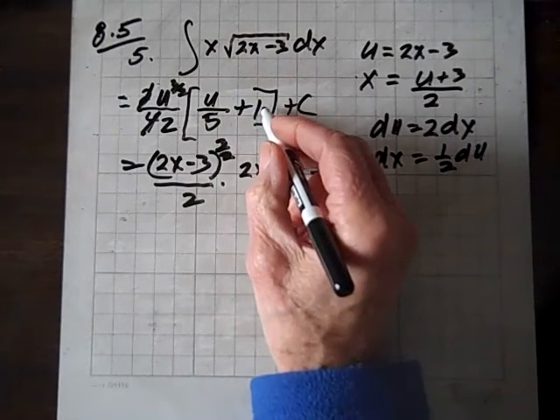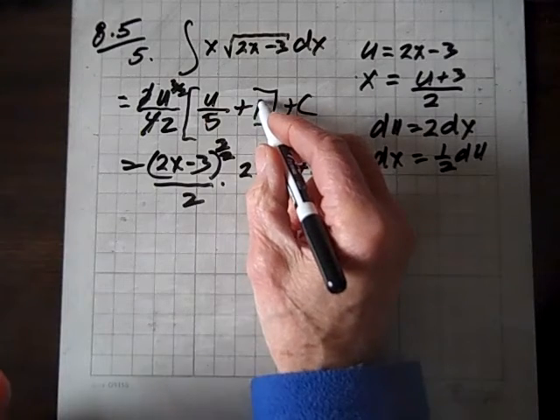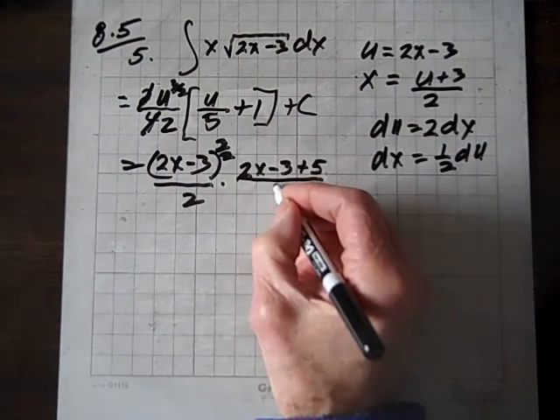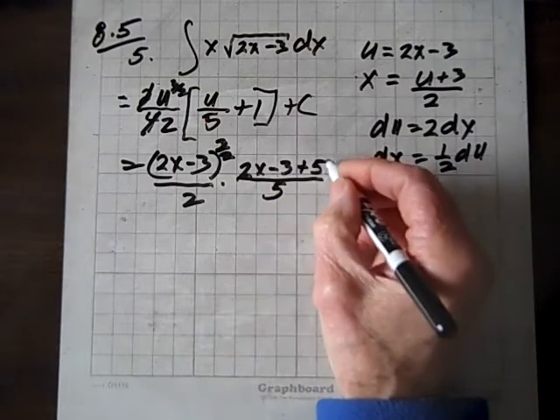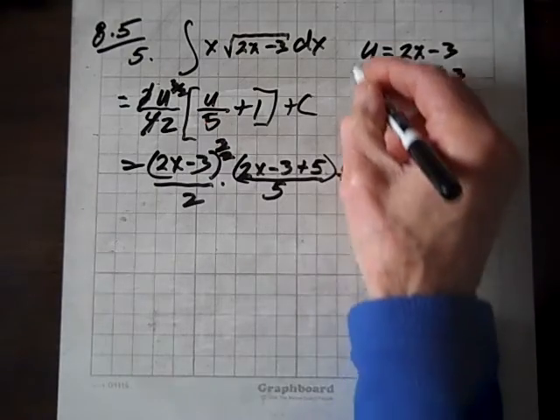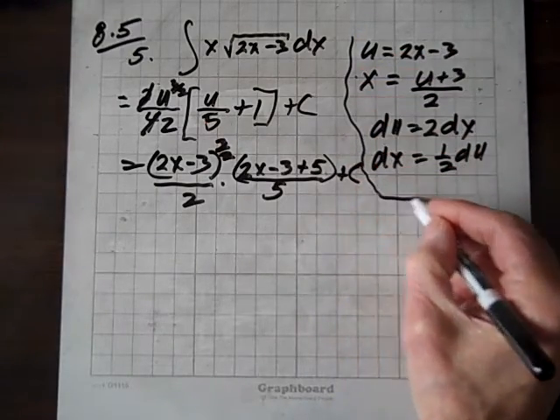So we multiply by 1 in the form of 5 over 5. And there's our denominator of 5 plus c.